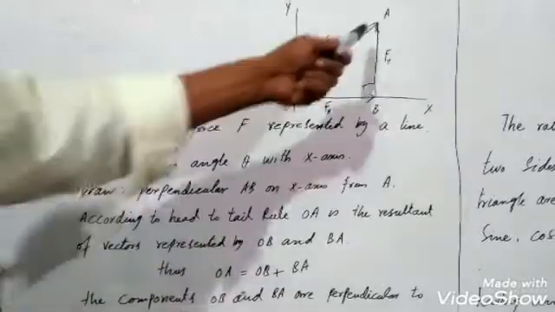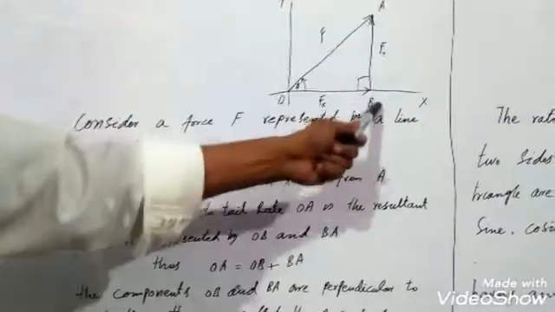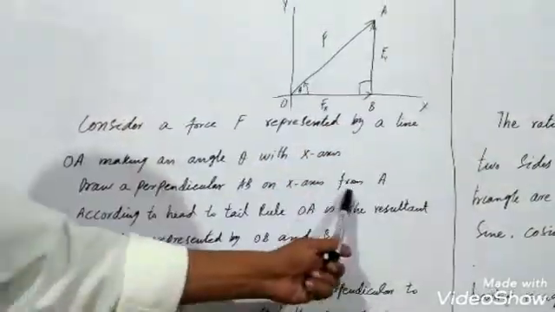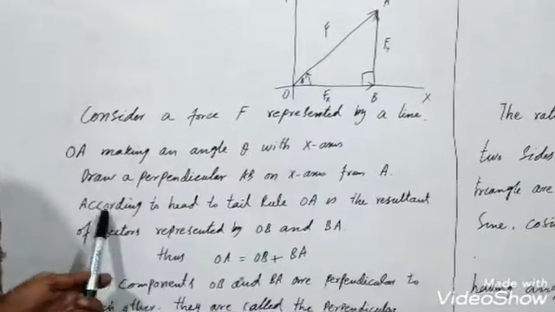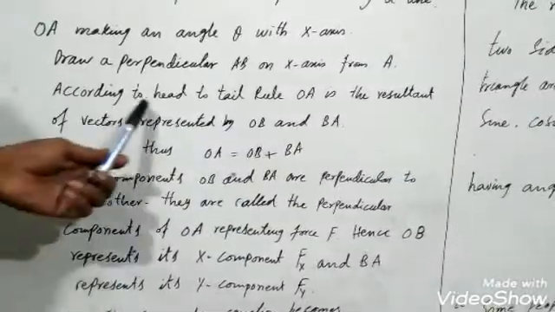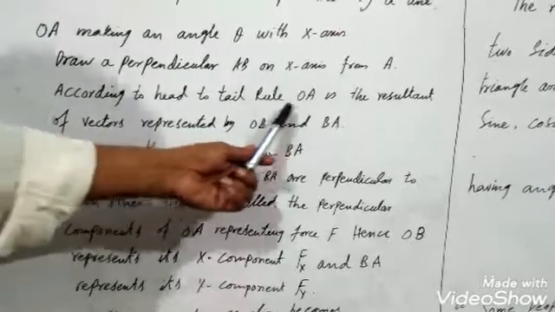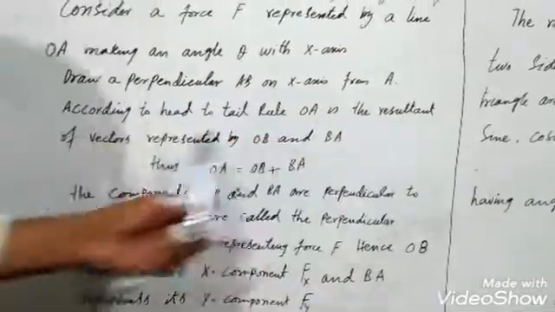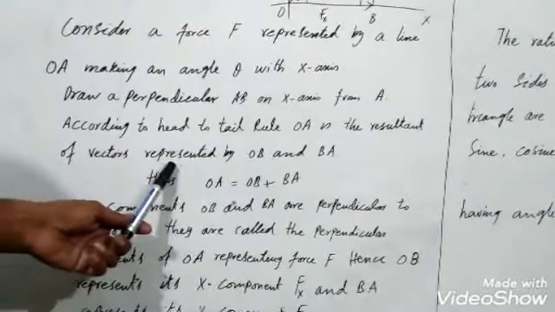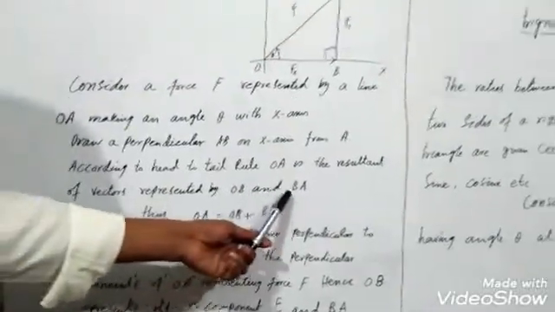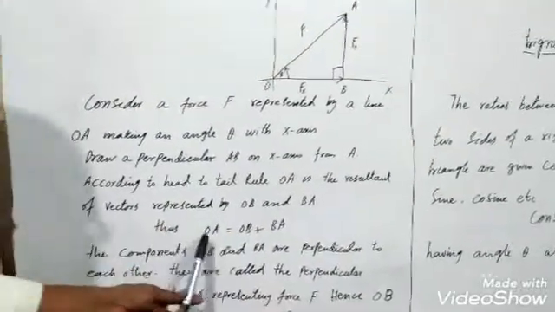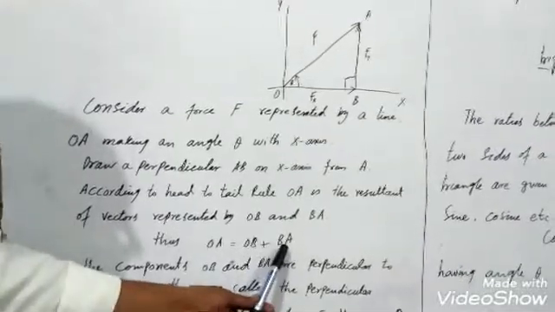Draw perpendicular AB on the x-axis from point A. According to the head to tail rule, OA is the resultant of the vectors represented by OB and BA. Thus, OA is equal to OB plus BA.